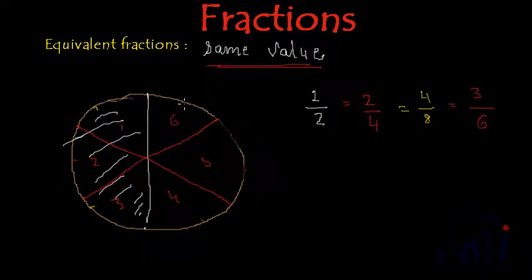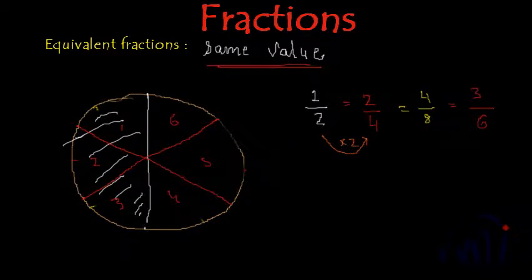So how to find equivalent fractions? To find equivalent fractions, we actually have to multiply both numerator and denominator by the same number. So here if we multiply the numerator of 1 by 2, that is 1 by 2, we will get 1 2s are 2, and if we multiply the denominator, which is 2 in this case, by 2, we will get 2 2s are 4.